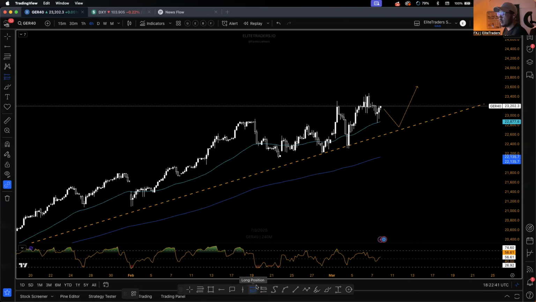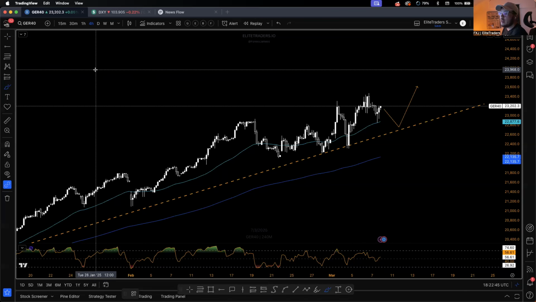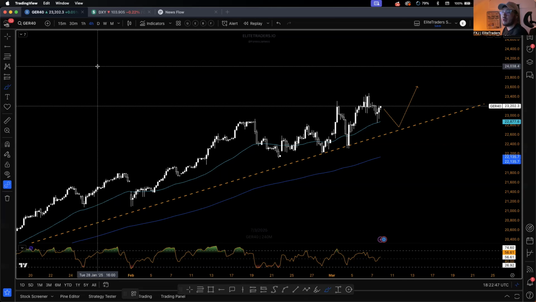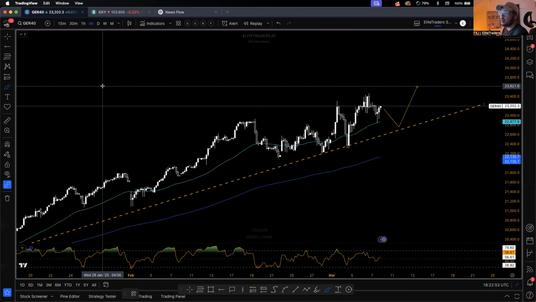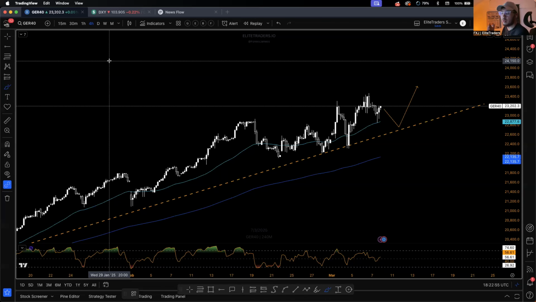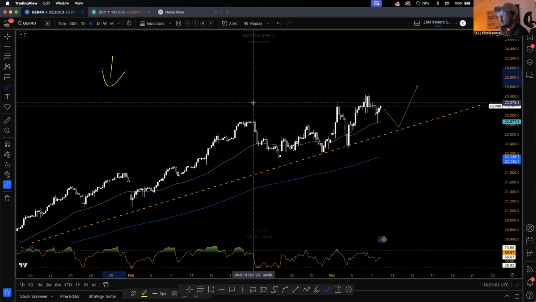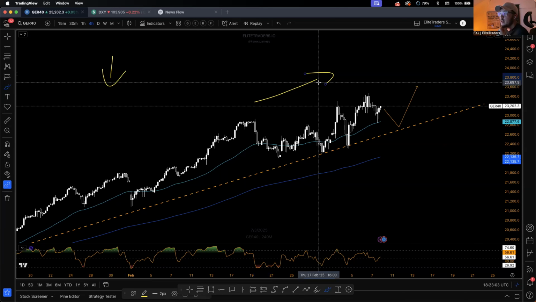So if anyone doesn't know, I'm just going to clarify this for some value in this webinar. When we're talking about equities, so the S&P, Nasdaq, Russell, DAX, FTSE 100, whatever it is, if we have that central bank, so obviously if we're talking about the FTSE, then it's the Bank of England, you get the point. Rate cuts generally are very bullish for equities and they're bearish for the currency.